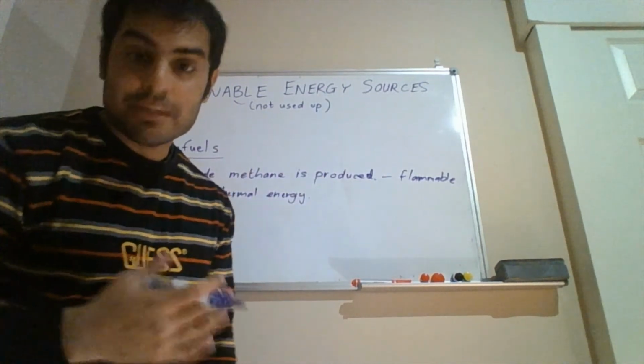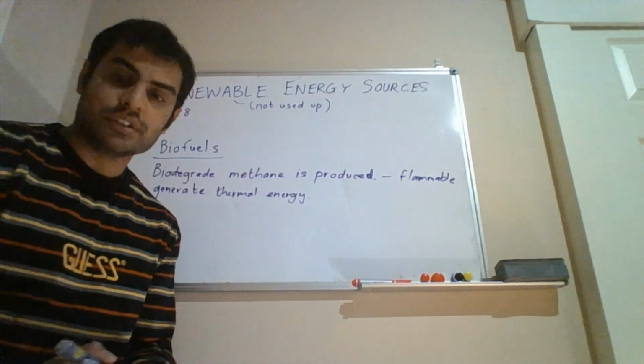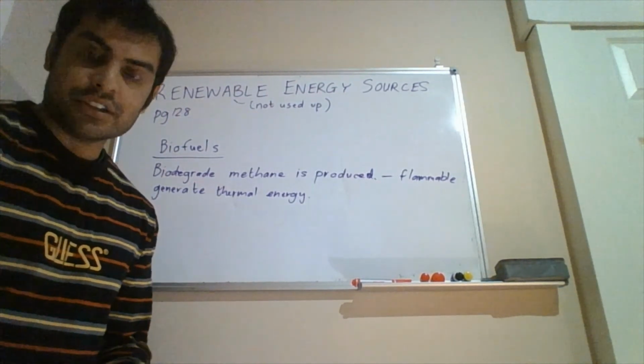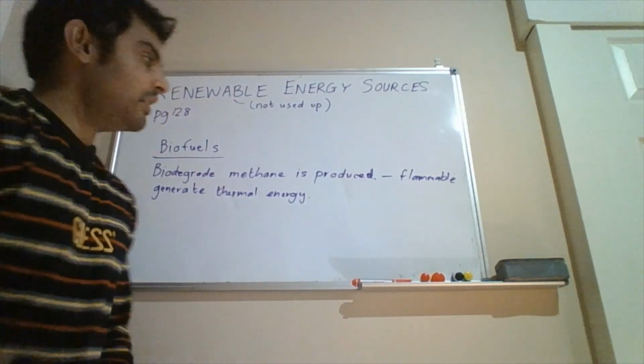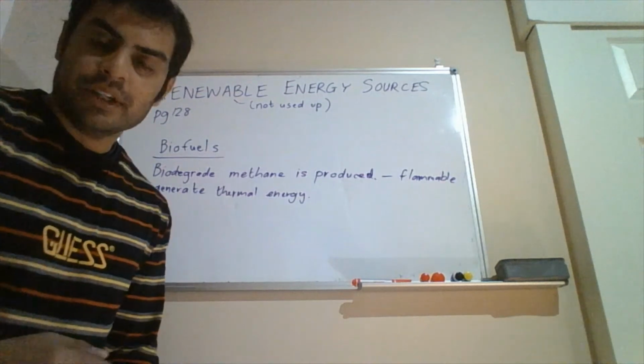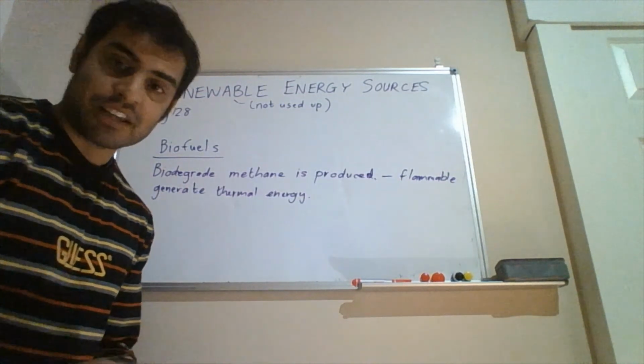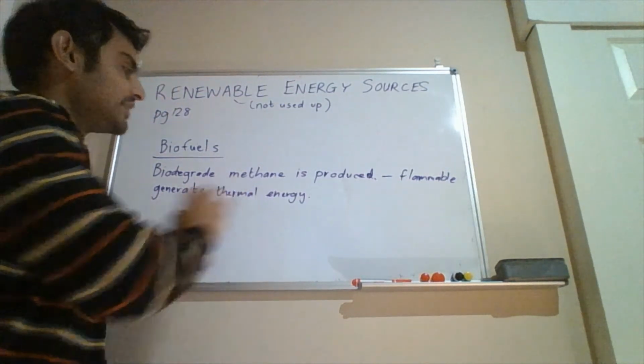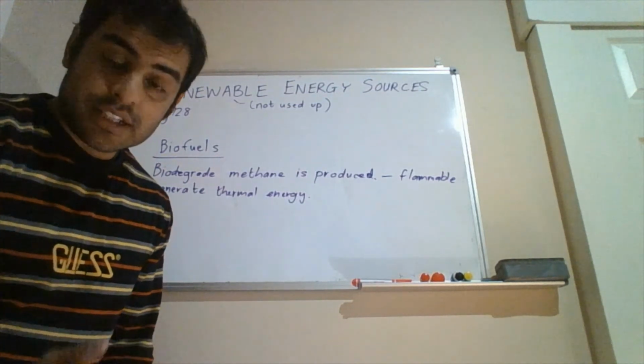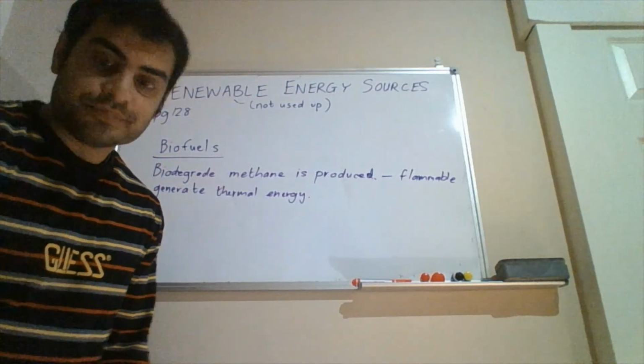And that is the main application for biofuels. There are some other applications like biodiesel, or sometimes this dead matter can be burnt, but this is the main one. So you won't see it in the textbook, just make a note of it.